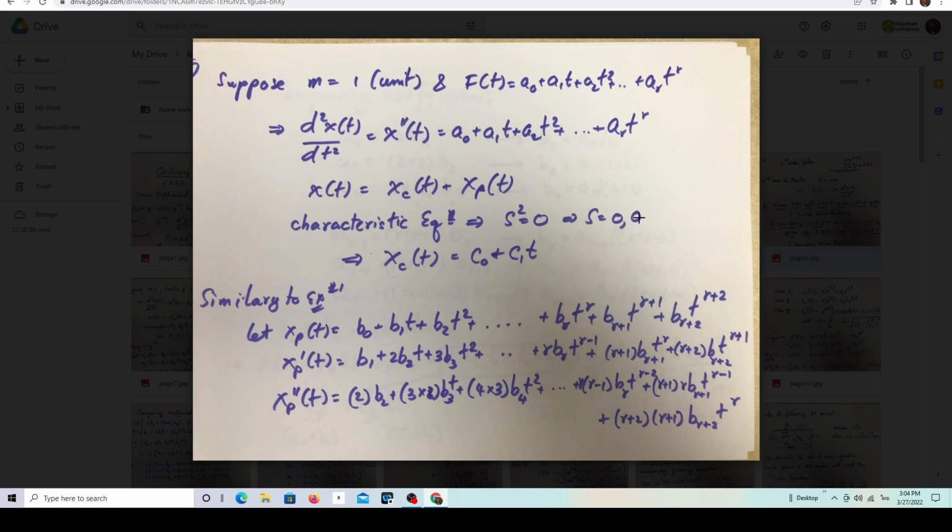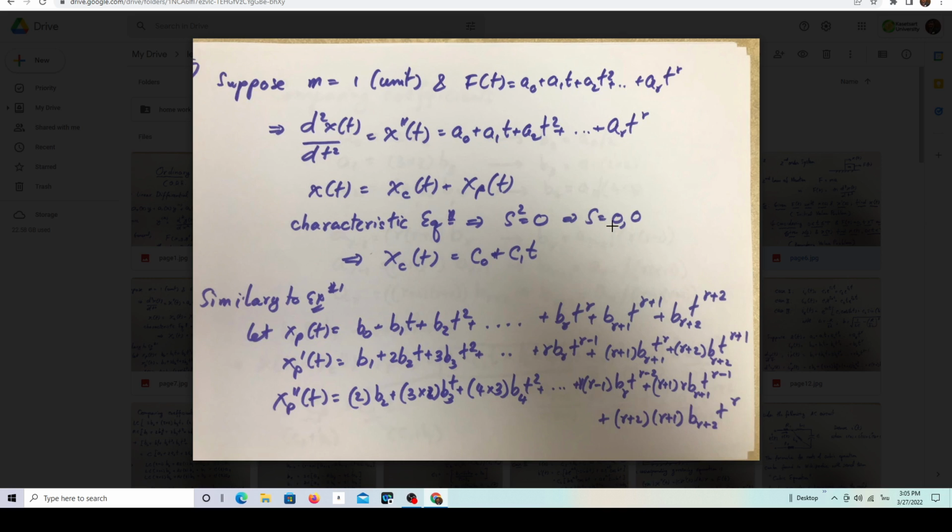So the complementary solution looks like this: c sub 0 e to the s t. But since s is 0, the exponential term has no meaning because the power is 0, so c0 e to the 0 becomes c0 times 1.